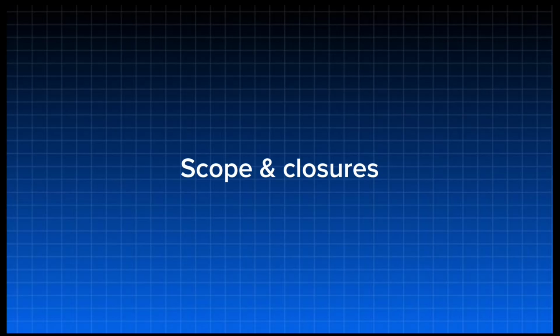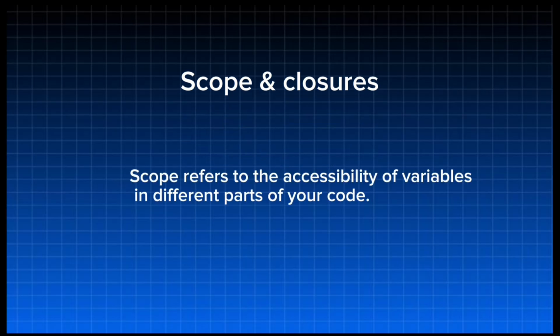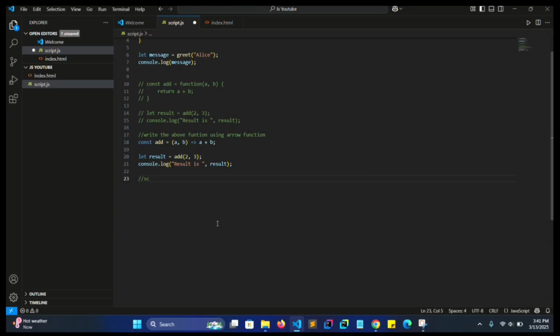Scope and closures. Now let's dive a little deeper into scope and closures. Scope refers to the accessibility of variables in different parts of your code. A function has access to variables that are in its own scope and also variables from its outer scope. Example of variable scope and closure: function outerFunction, let outerVar equal to I am from the outer scope.